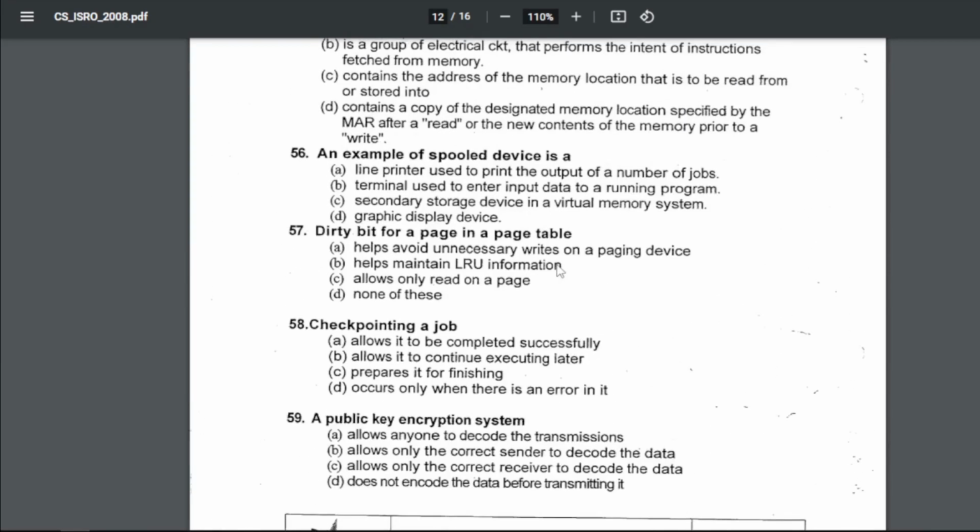Basically dirty bit says whether the page has been modified or not, right? Modified means some changes might have been made to the page, and if a page is modified then it has to be written back or saved back to the disk. So it is set by hardware on write access to a page, which is used to avoid writing when swapped out.